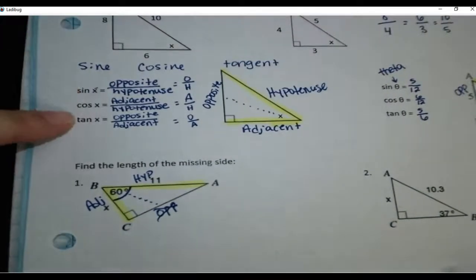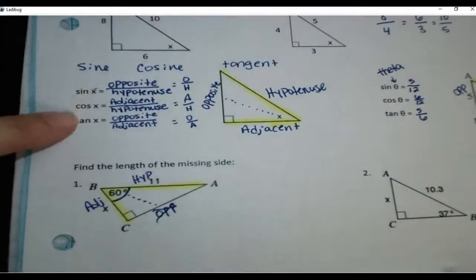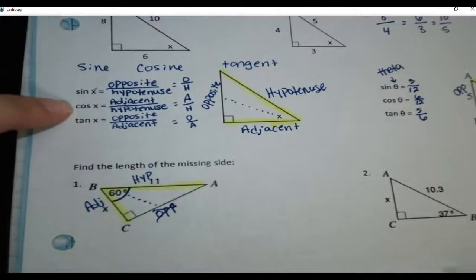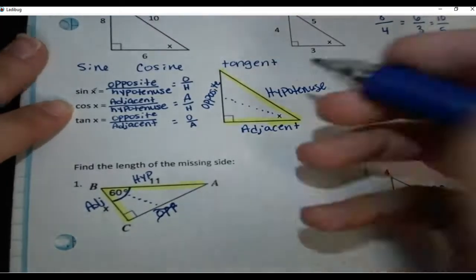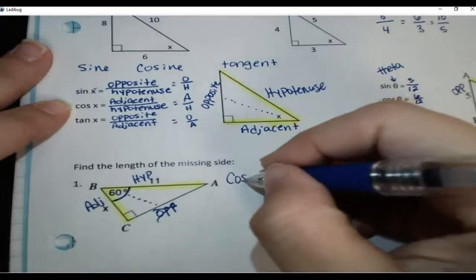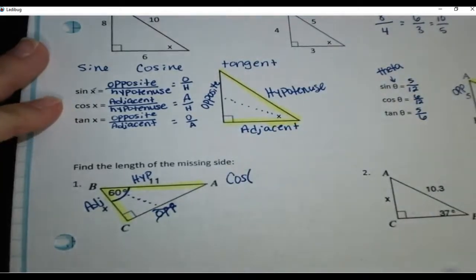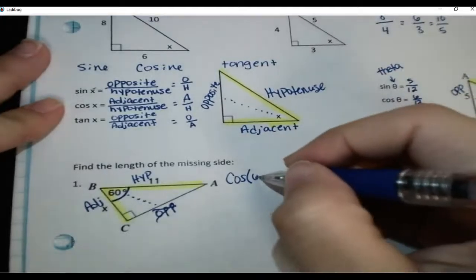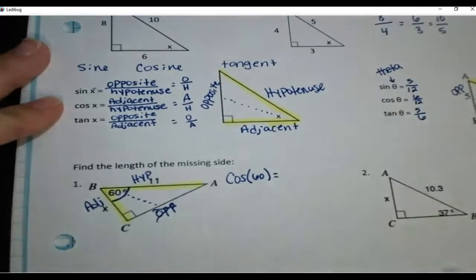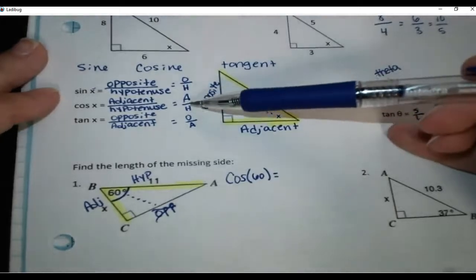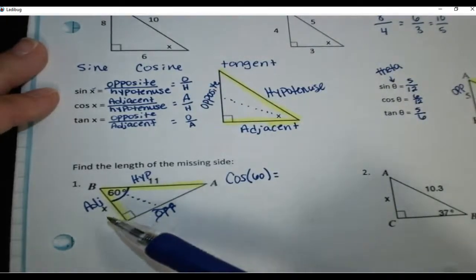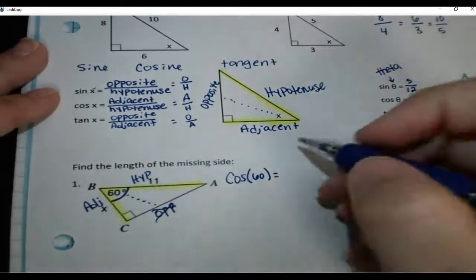Which of my trig functions talks about adjacent and hypotenuse? Cosine. Good. So we're going to set up a little equation. It goes cosine, and inside the cosine you put the angle. In this one, our angle is 60. Equals, and then you just set up the ratio. Our ratio is A over H. Our A is x. Our H is 11.